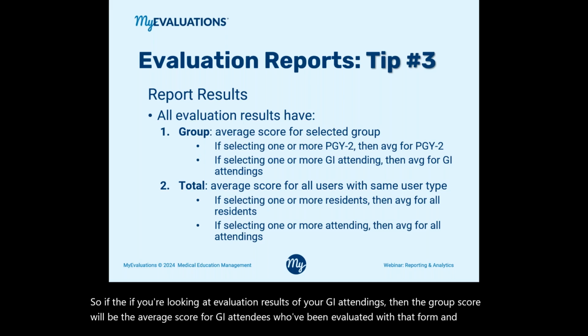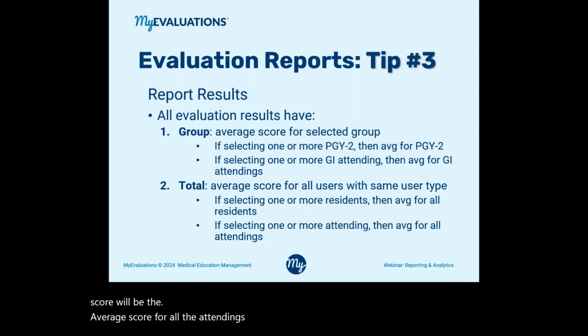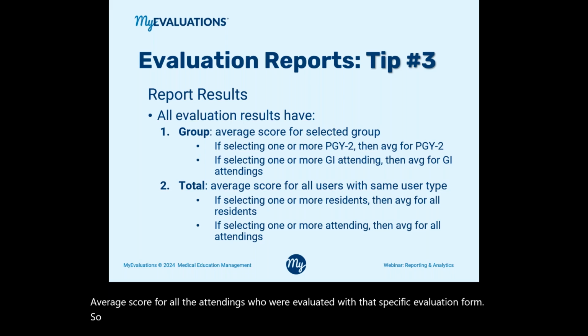And the total score will be the average score for all the attendings who were evaluated with that specific evaluation form. So group represents a group of users, total represents all of the users evaluated with that form.